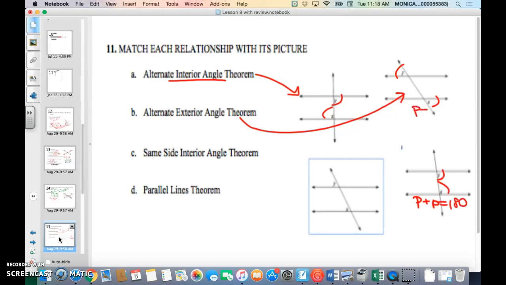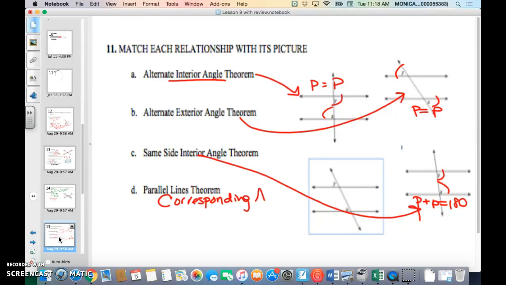This would be part equals part, and this would be part equals part, just remember that. Same side interior, that goes here. And parallel lines theorem, we called it corresponding angles. That will be here because you can slide them on top of each other. And again, this is part equals part when you're setting up your equations.